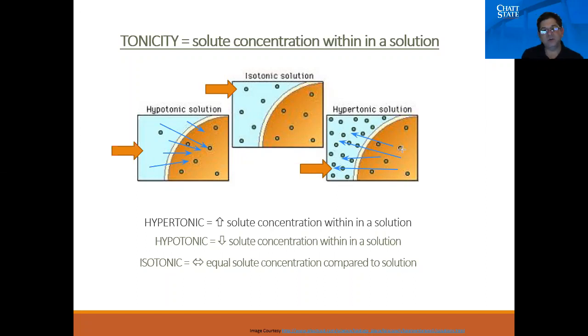So remember, it could be thrown at you a couple of different ways on the test. It could ask you which cell will shrink. Cell C or cell A over here? C. This one will shrink, right? Because it's losing water. Which cell will swell? A, here on the left. That one will swell because it's gaining water.